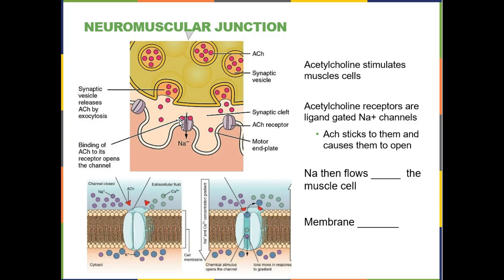Some potassium can flow through them as well, but much more sodium. So the overall effect of opening one of these acetylcholine receptors is for sodium to flow through.